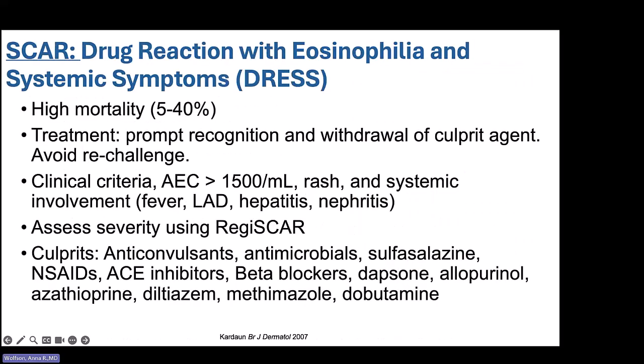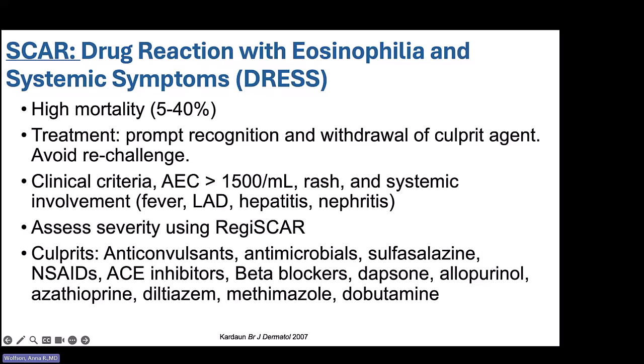So one of the examples of a SCAR that we mentioned earlier is DRESS. And I've talked about this a few times during this talk already, but it's definitely something that we as allergists need to recognize because it does have a high mortality. And the treatment is basically recognizing the condition and then withdrawing the culprit agent.